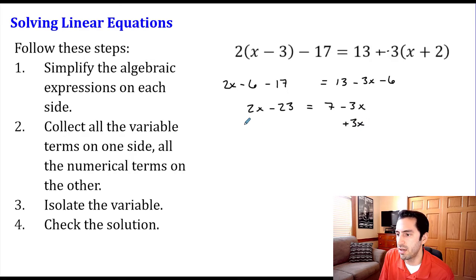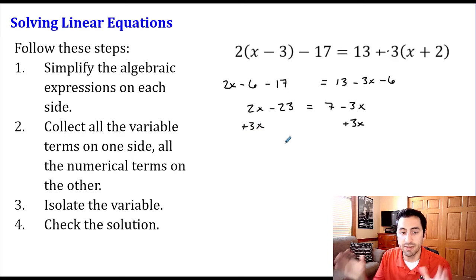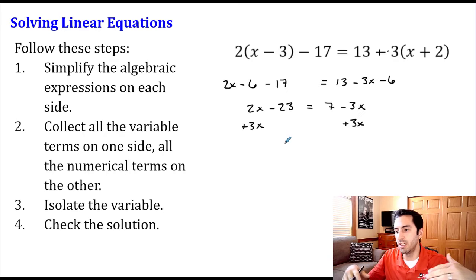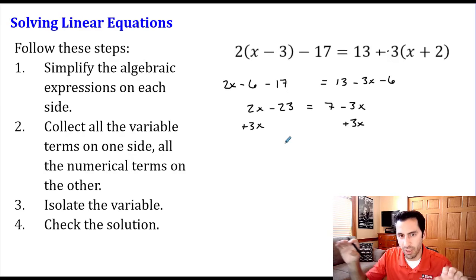So this is my addition property of equality. The addition property of equality says I can add the same thing to both sides of my equation, and it's like maintaining that balance. So this is an equivalent equation. I'm not changing the value of anything because I'm maintaining that balance.